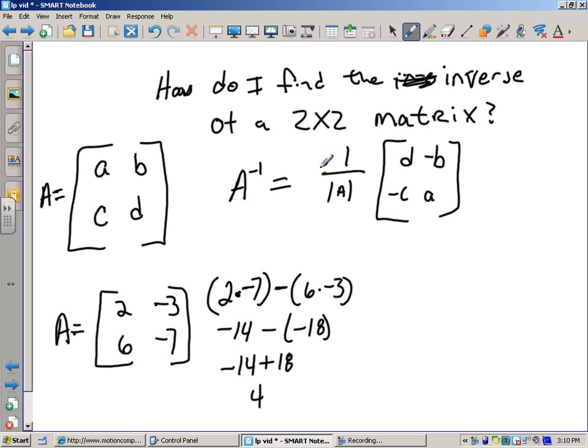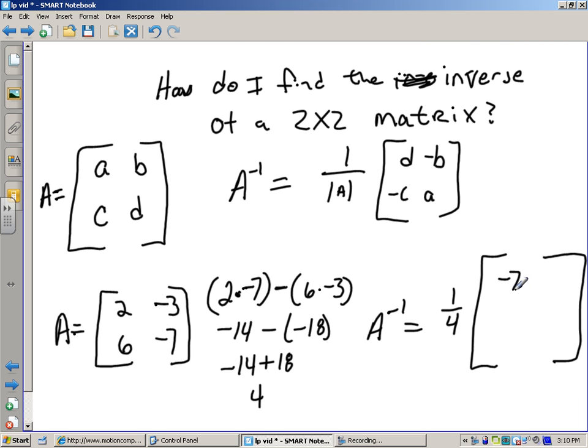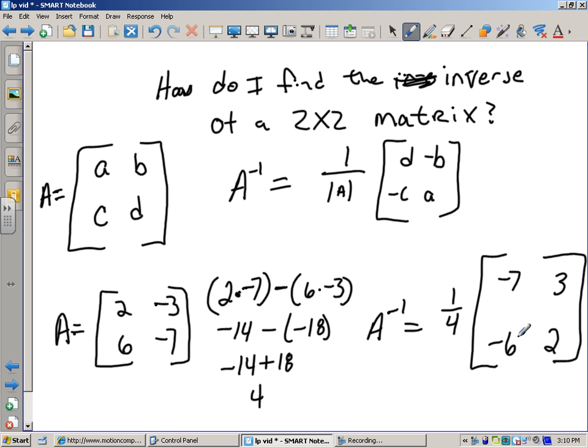So what we do is we write A inverse equals 1 over 4. And then remember we need to rearrange our matrix A. So D and A swap places, so we have -7 and 2, and then we take the opposite signs. So -3 becomes 3, 6 becomes -6.